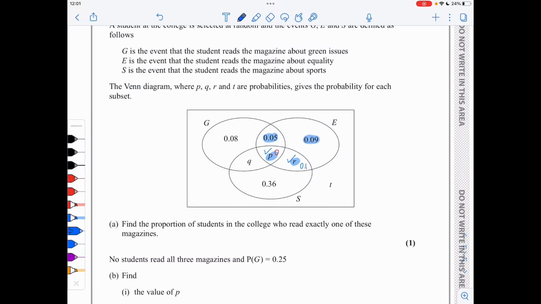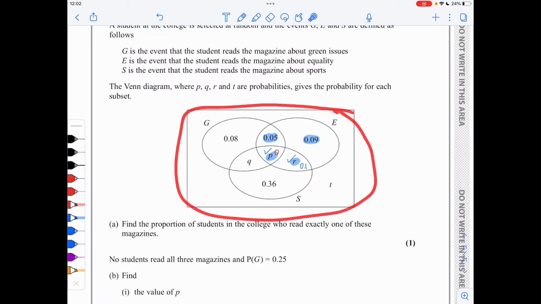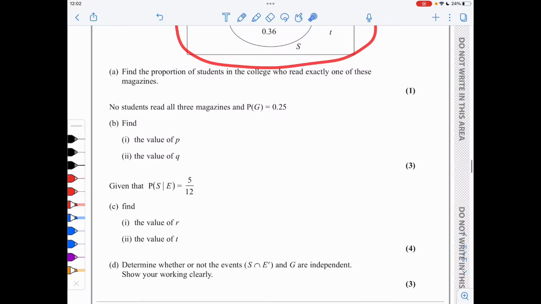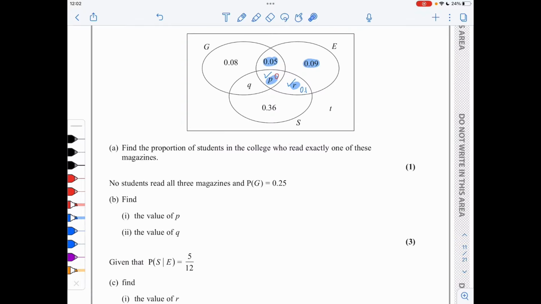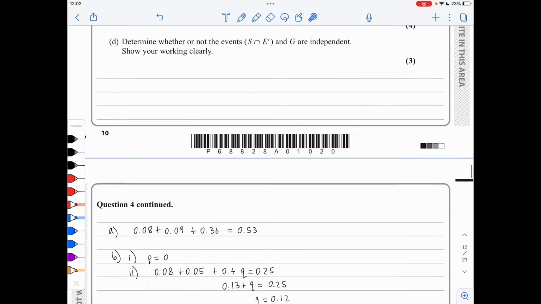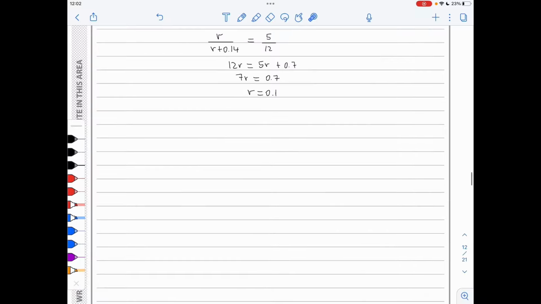And the only piece of information I haven't used is that the sum of all of these probabilities should be 1. And this will help me find the value of T. We already know that Q, which we have found before, is 0.12. I might as well put that here. So it is clear now that the only unknown is the T, which is outside. So we can simply write down all the values and add them up.